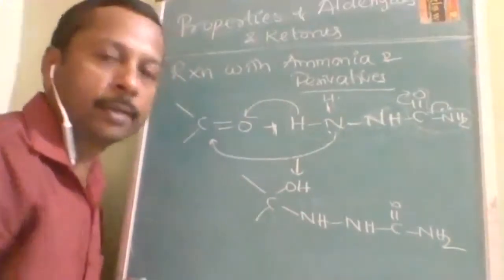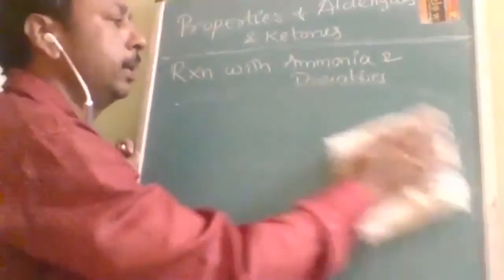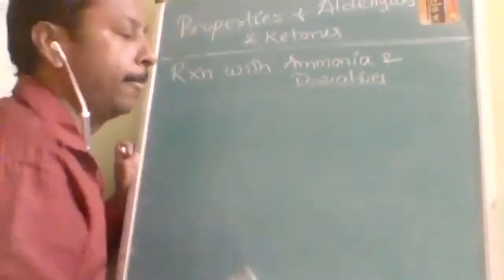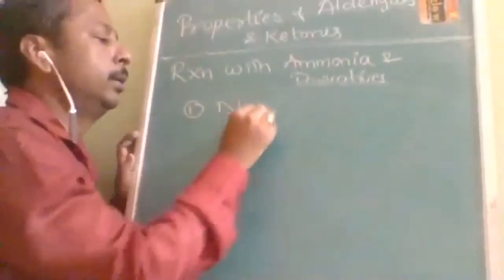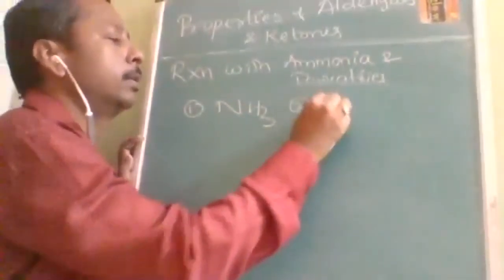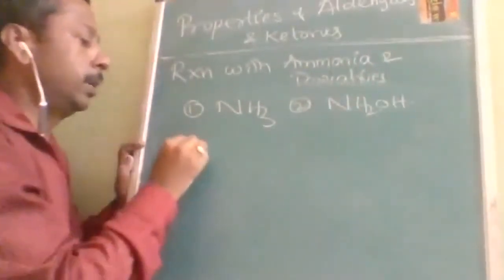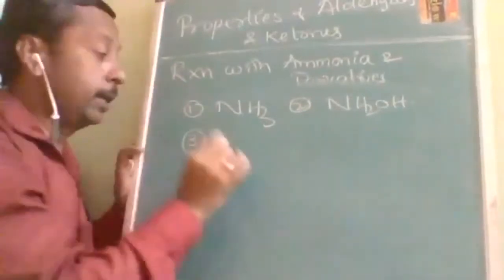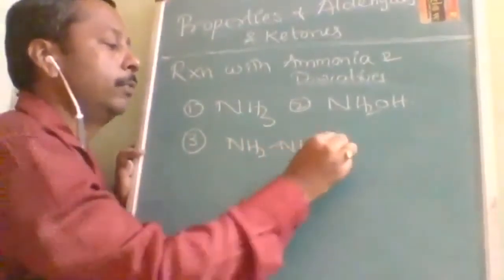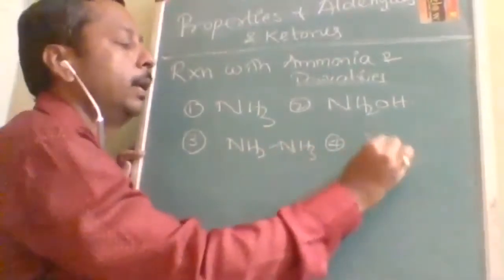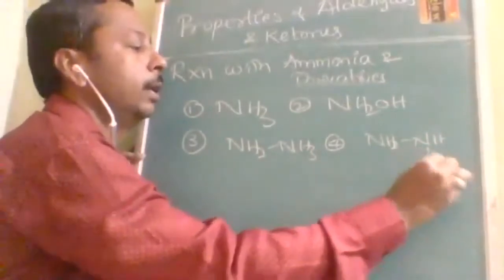Okay, so reaction with ammonia and its derivatives, I think, is understood. First let us give a summary. The first one is ammonia. The second one is hydroxylamine, NH2OH. The third one is hydrazine. The fourth one is phenylhydrazine, NH2NH phenyl.